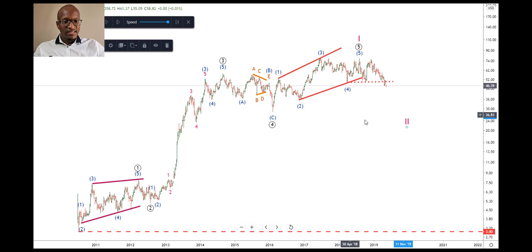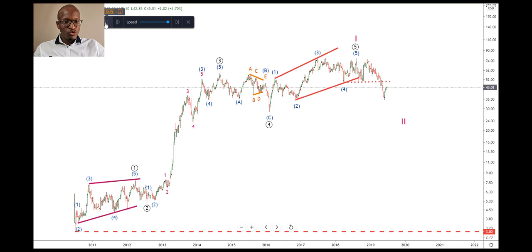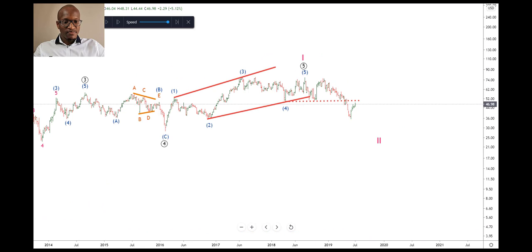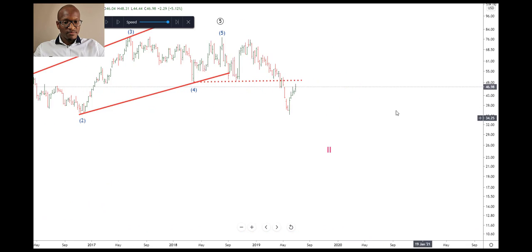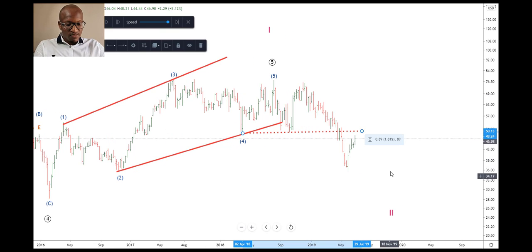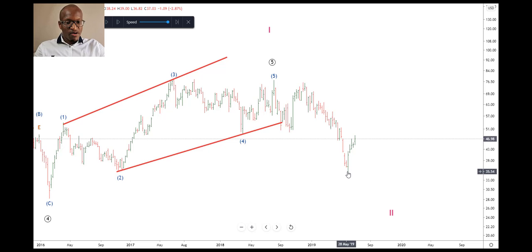And this is the cyclical bear market I alluded to in video 2. And we know it bottomed at 35.40. So right here, we know that the market bottomed here at 35.40.